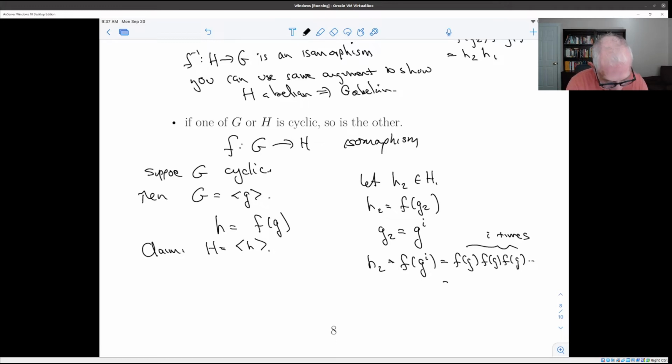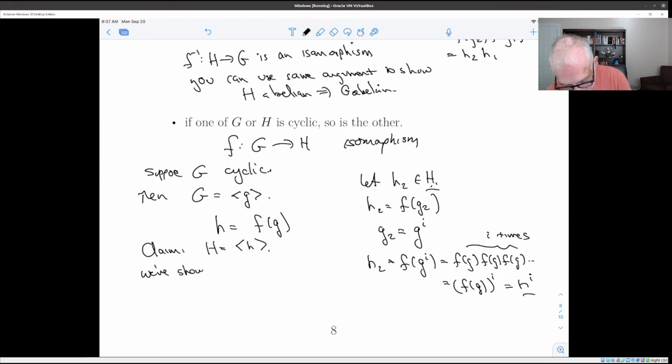In other words, it's F of g to the i. But F of g is h, so this is h to the i. So H2 is h to the i, and what we've shown is that any element of big H is a power of little h. So H is cyclic.